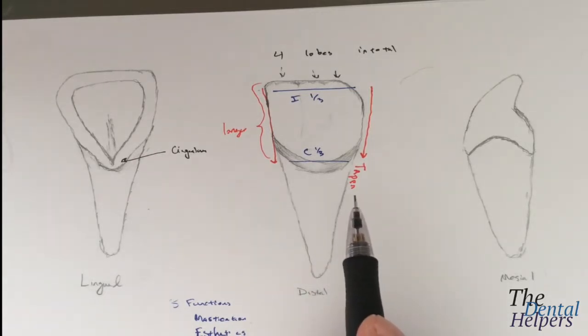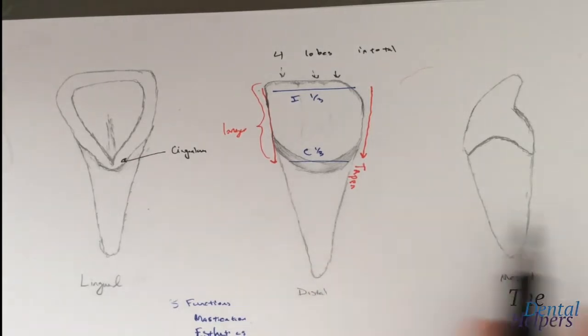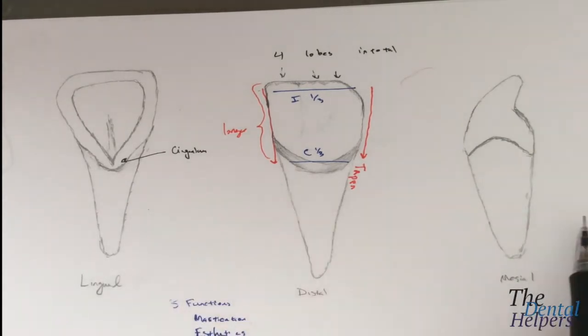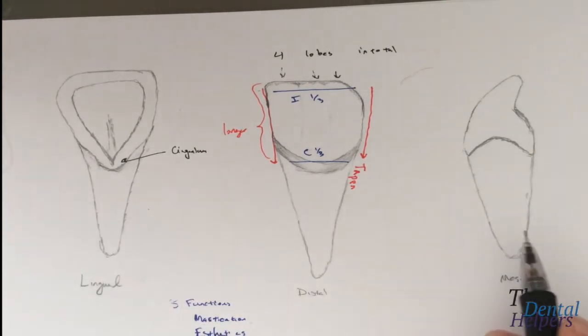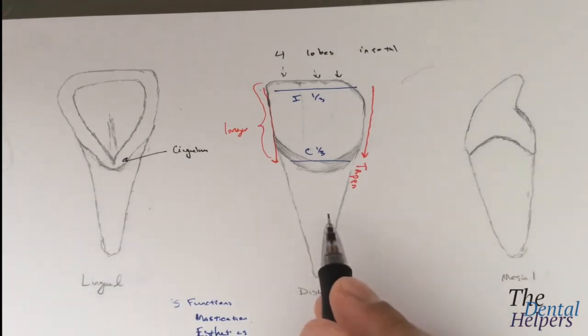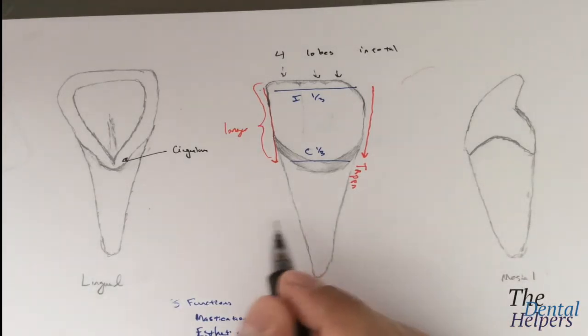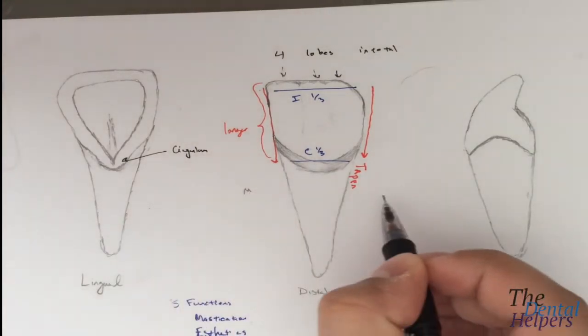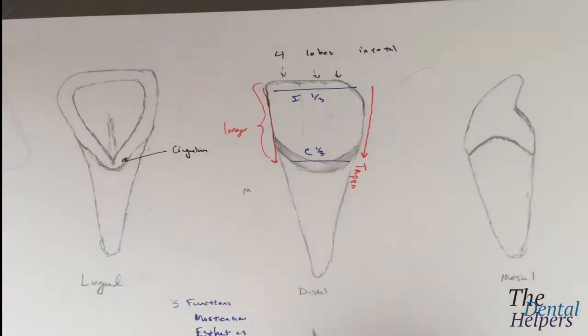Another thing to note is the root thickness. This is kind of an exaggerated drawing if we look at these two. If we compare the roots, now we're looking at the mesial versus the distal. Sorry about that, I just realized I wrote the wrong thing there.